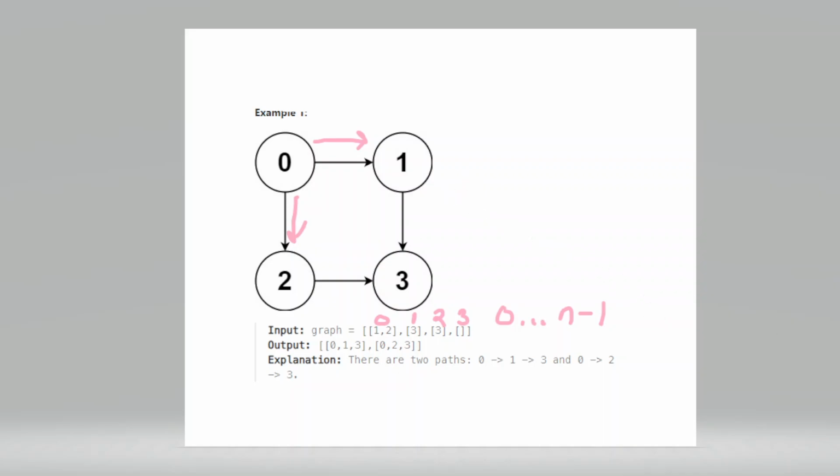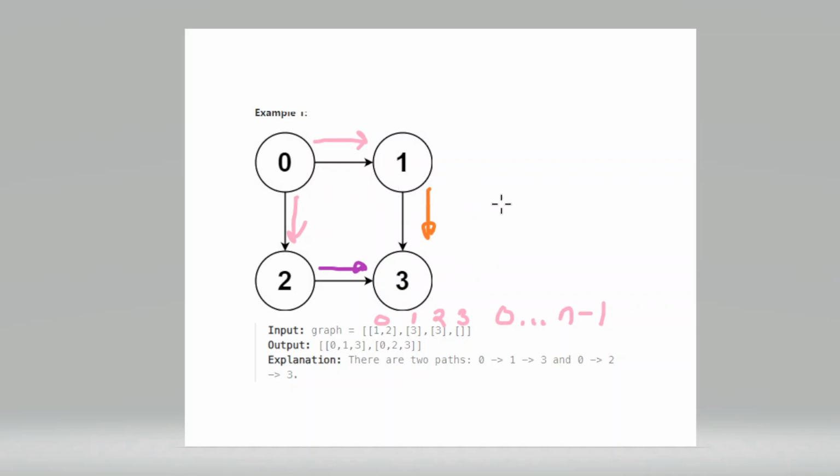And then it also says that node 1 goes to 3. And node 2 goes to 3. And finally, 3 goes to nothing. It is the ending node. So that's all well and good.